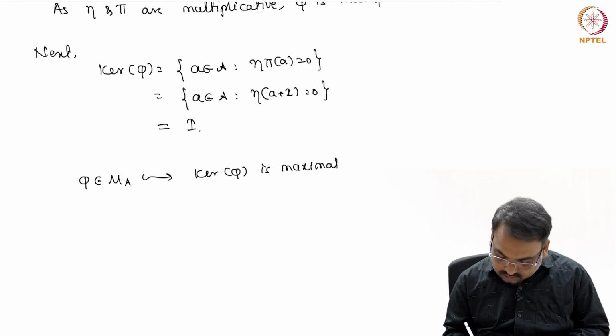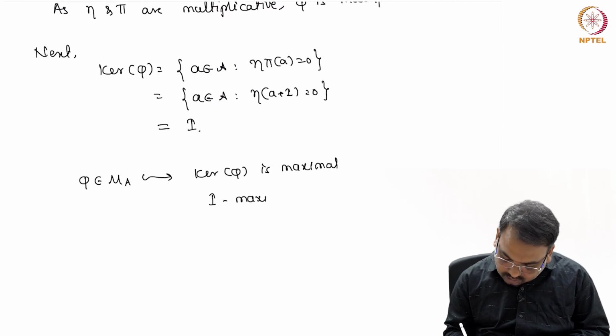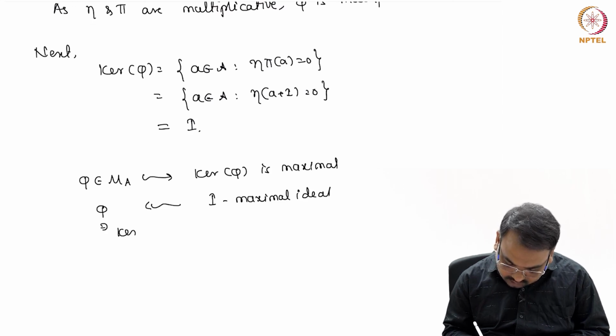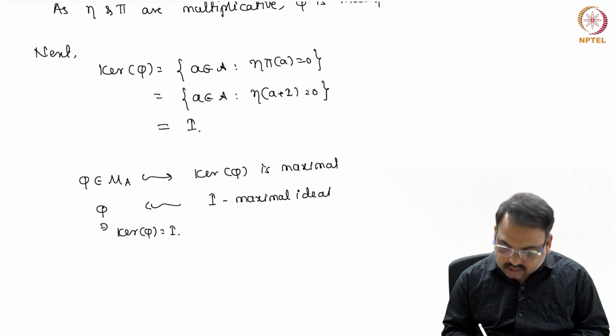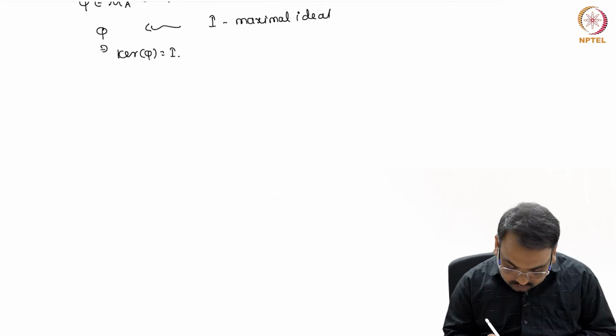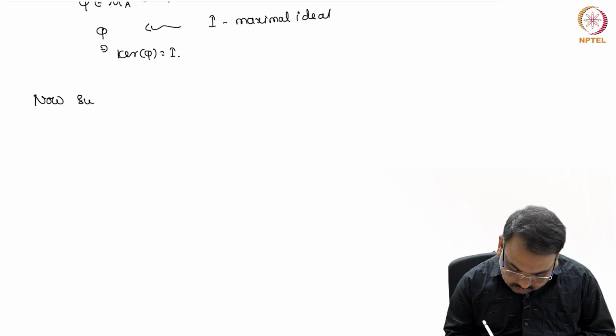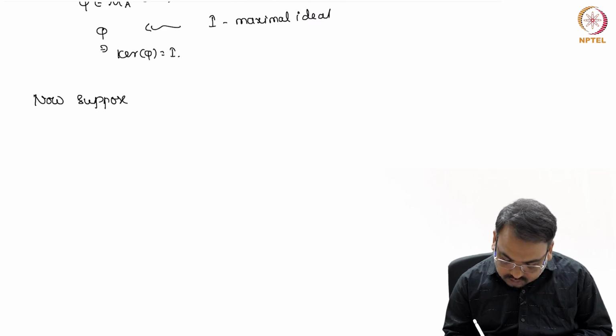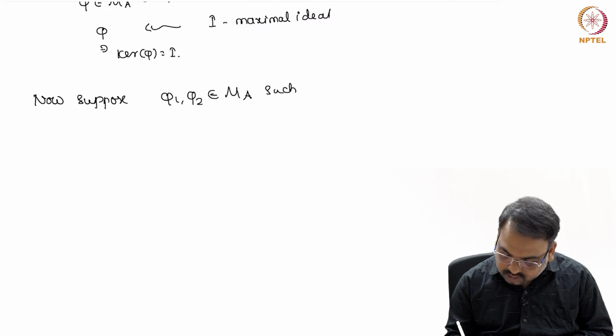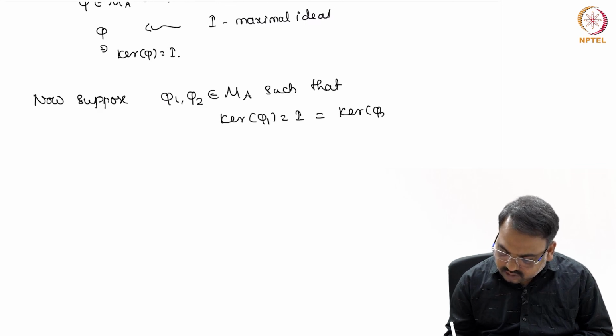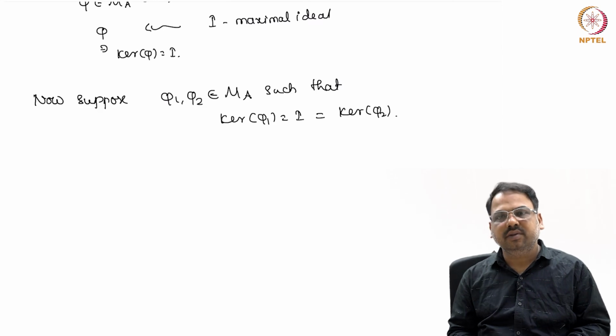So if we start with a maximal ideal, then we get phi such that kernel phi is exactly the maximal ideal I. Now suppose phi 1, phi 2 are in M_A such that kernel phi 1 equals I equals kernel phi 2. We want to show that phi 1 and phi 2 coincide.